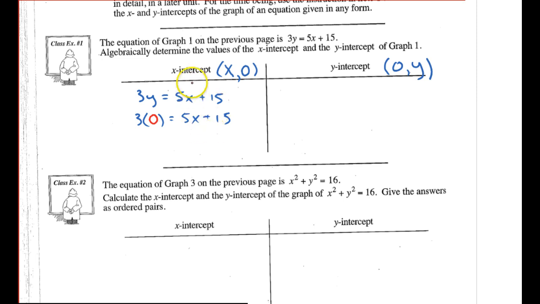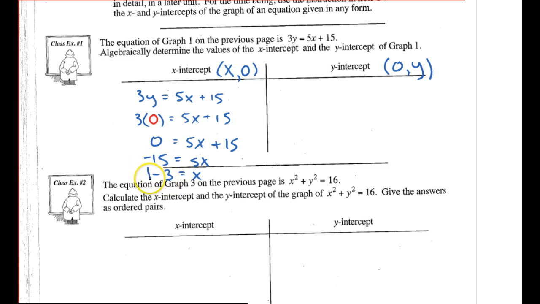So I have 0 equals 5x plus 15. Subtract 15 from both sides, and then finally I have x equals negative 3.